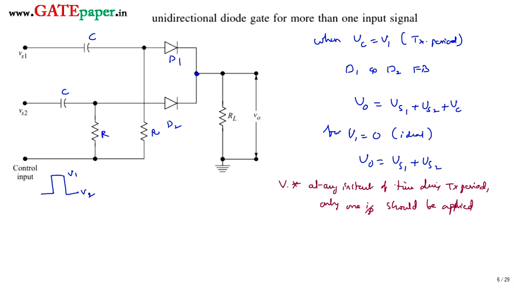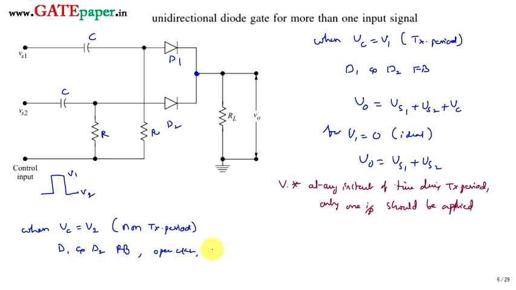And the second case, when Vc is at V2, that is the non-transmission period. During the non-transmission period, both diode 1 and diode 2 are reverse biased, so they act as open circuits.